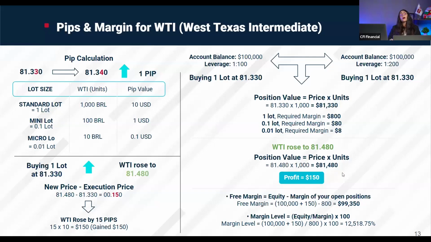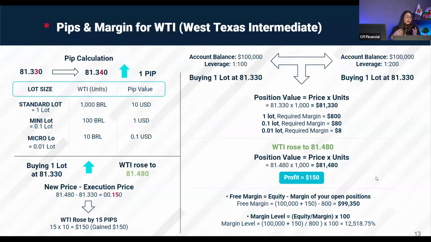$150. Now, we're going to see how much is left in my account to be able to do further trades. To be able to do that, we need to calculate the free margin. To calculate the free margin, we're going to get the equity, which we said is the account balance, plus or minus depending if we have profit or loss. So in our case, we're winning $150.